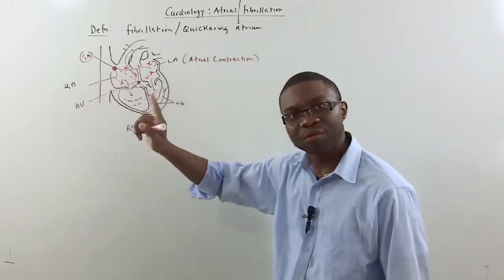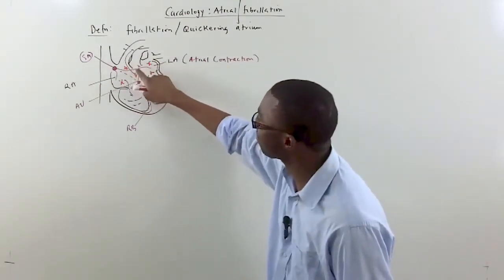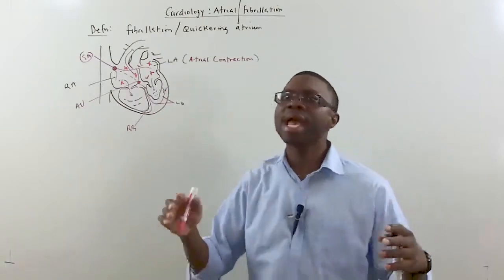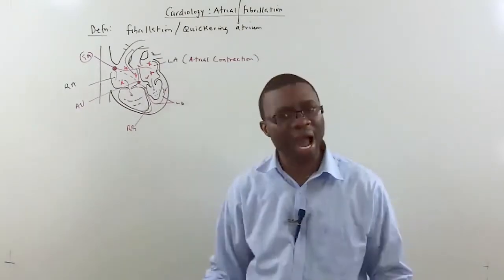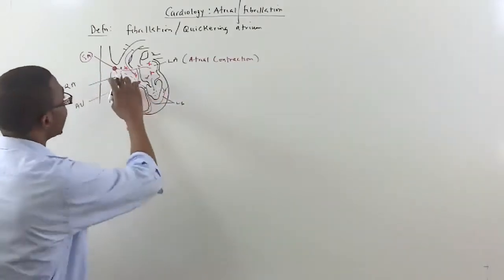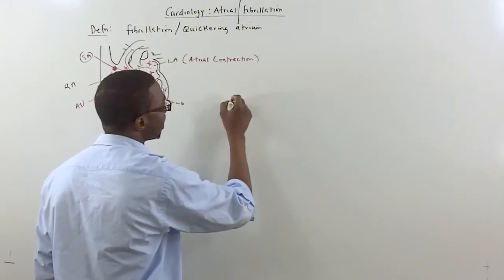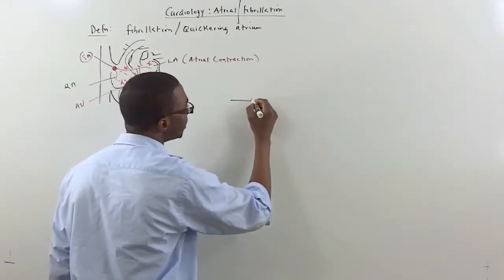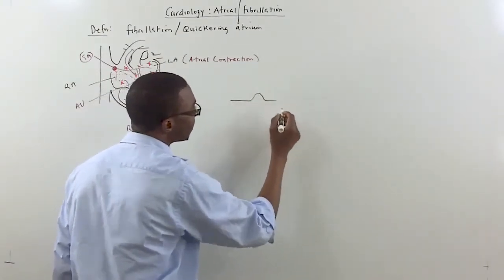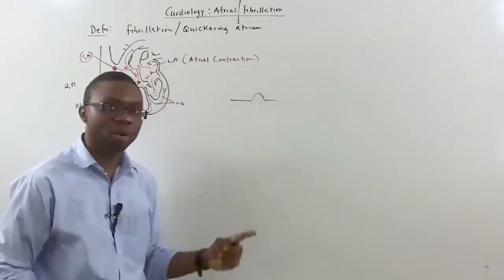Well, before we go ahead, look. Now we've got multiple different ectopic foci inside the atrium, and everybody wants to fire. Well, normally, this is what happens. When the SA node fires, and you look at your electrocardiogram, you see a P wave, right? A P wave means all this atrium is depolarized.